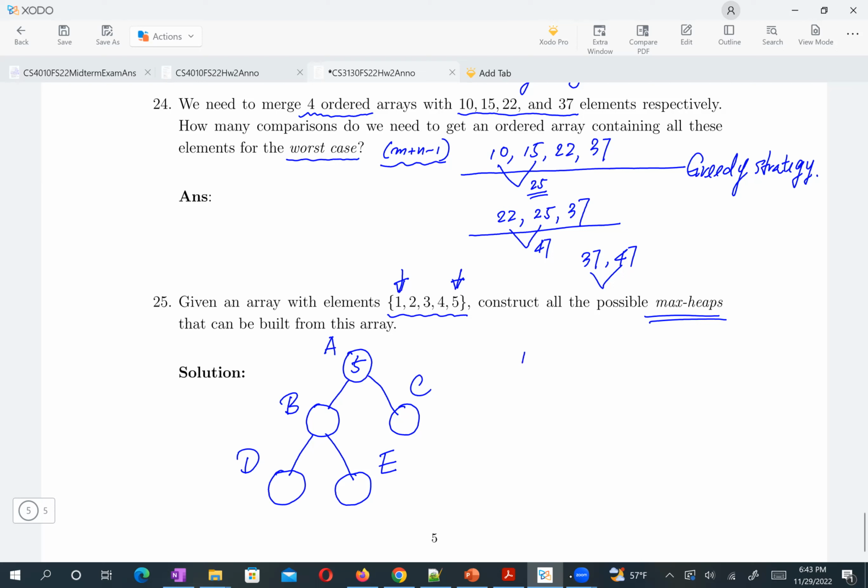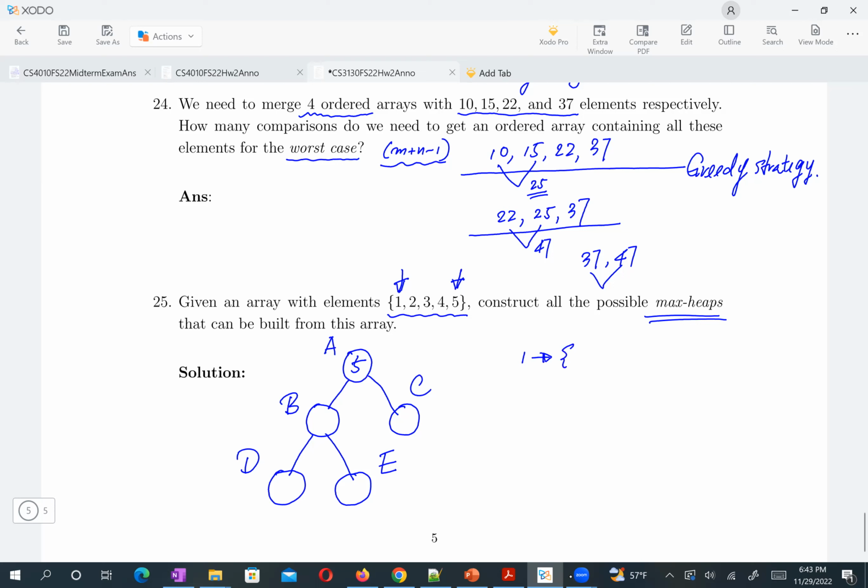So the position 1 can go to C, right? C is a leaf. C, D, and E. Because they are leaves, the minimum must be 1 of the leaves.